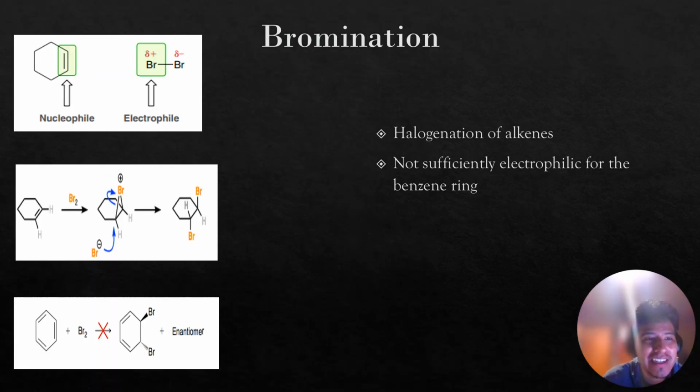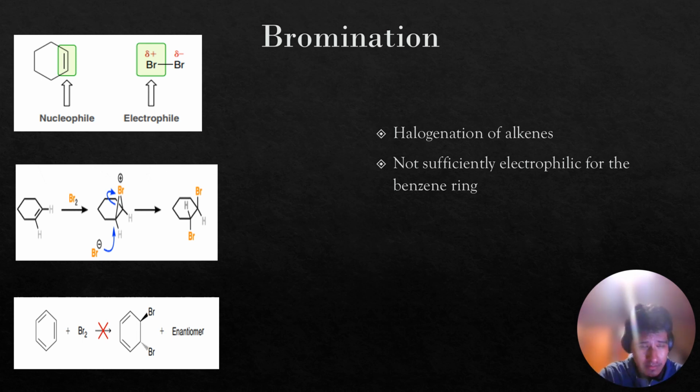Last semester we learned the halogenation of alkenes. In this example, bromination. So we know that when we react Br2 with an alkene, the alkene acts as a nucleophile while Br2 acts as the electrophile. This is the case because the pi electron cloud from the alkene makes Br2 electrophilic when it approaches.